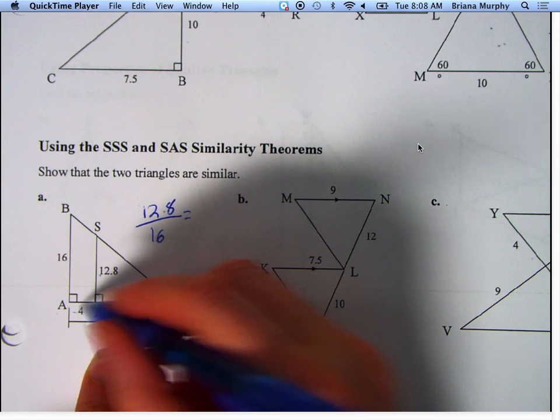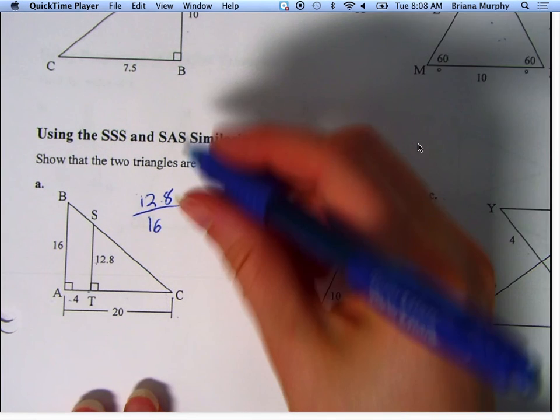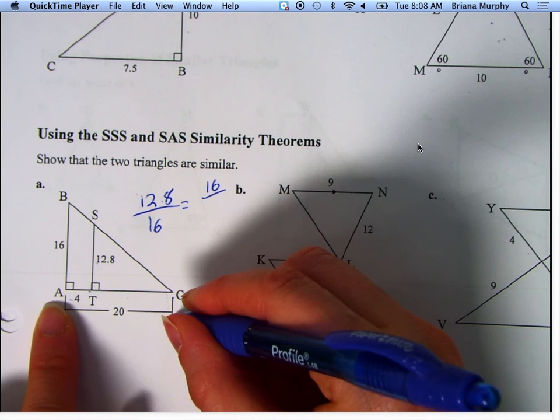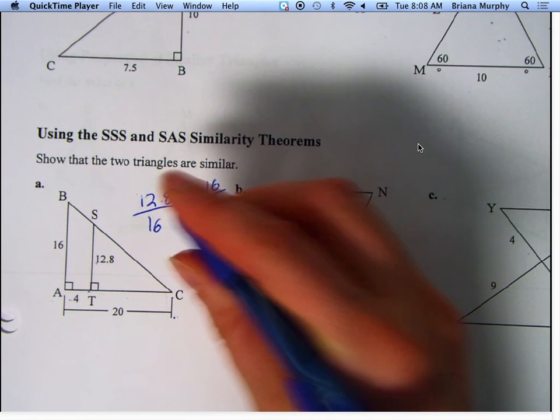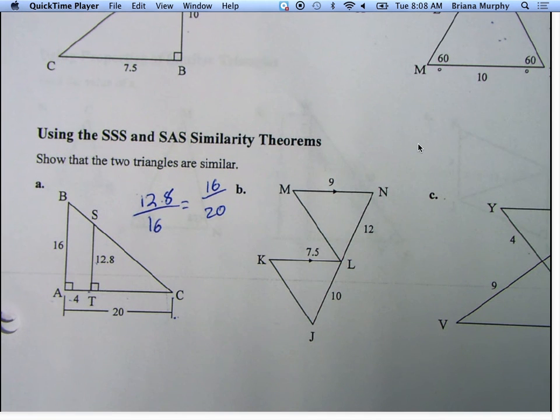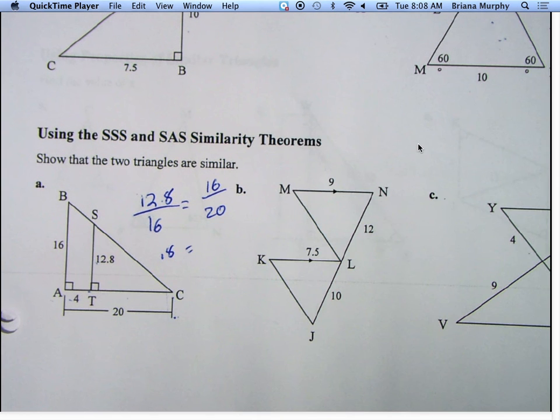This little part is 4. So it'd be 20 minus 4, so it'd be 16 over, what's the big one? 20. I often do little over big. You can do big over little, just make sure it's the same on both sides. So I'm going to go 12.8 divided by 16 gives me 0.8. And 16 divided by 20 also gives me 0.8.